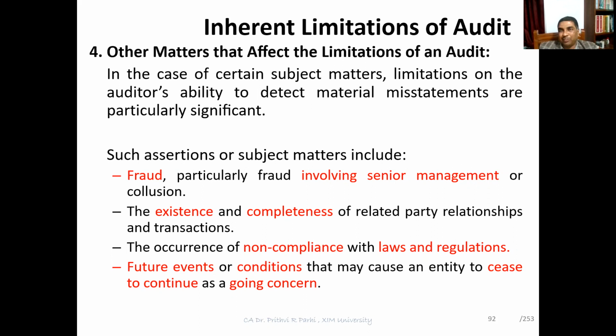If management has not given disclosure, then audit procedures may not be able to detect that. How can an auditor know which transactions may be with related parties? So that affects. Then occurrence of non-compliance with laws and regulations.